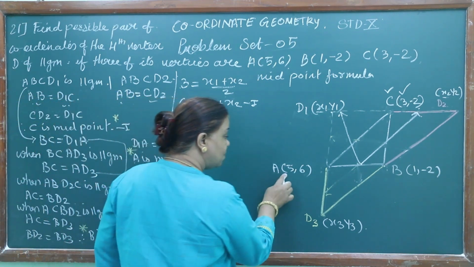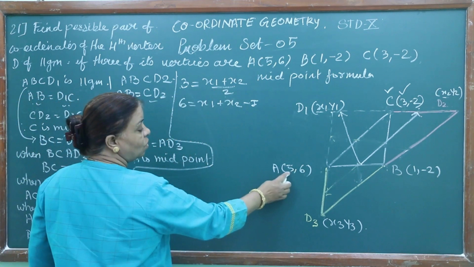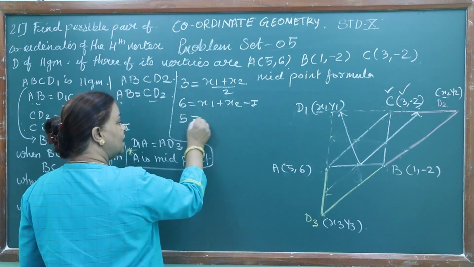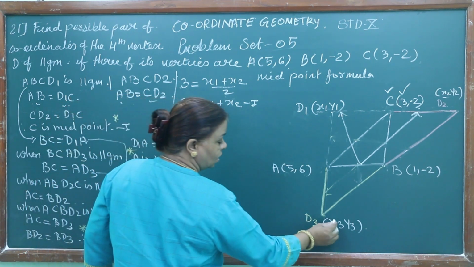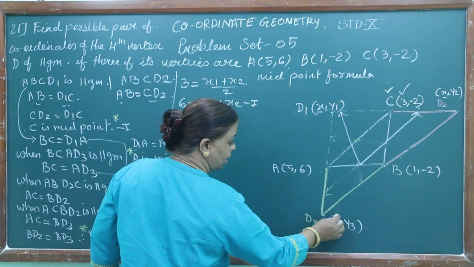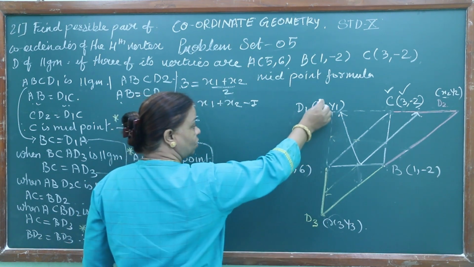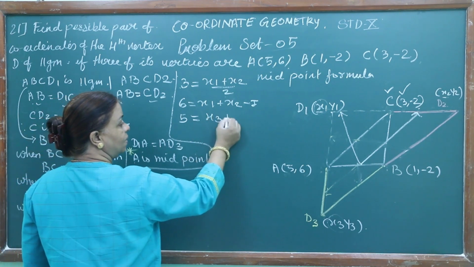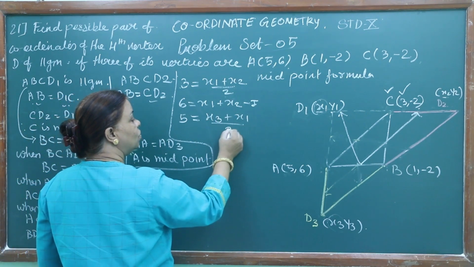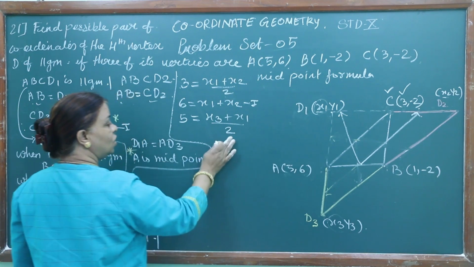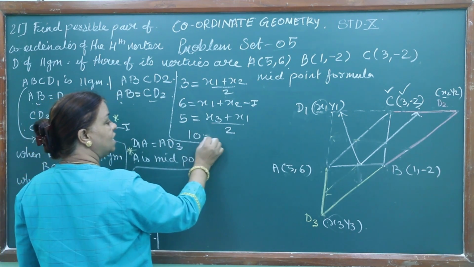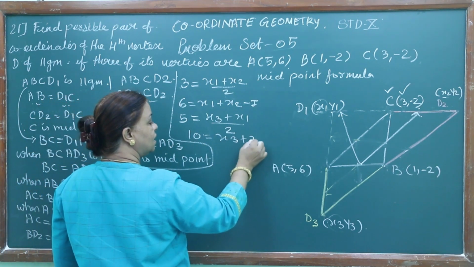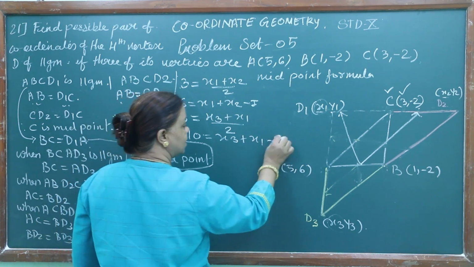Now if A is the midpoint, then the x coordinate of A is equal to the x coordinate of D3 plus the x coordinate of D1 upon 2. That is (x3 plus x1) upon 2. That is by the midpoint formula. So it will go here and it will become 10 is equal to x3 plus x1. This is the second statement.